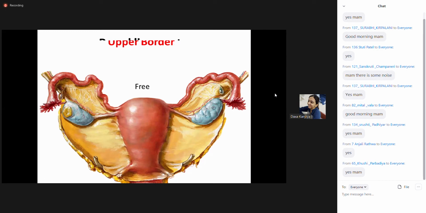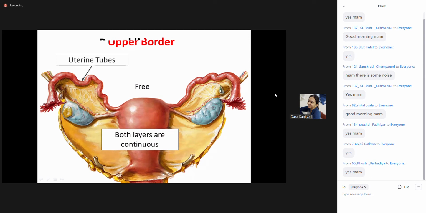Upper border is the free border. Here both layers, anterior as well as posterior, become continuous with each other. It gives attachment to the uterine tube in its medial 3/4 part, and the suspensory ligament of the ovary in its lateral 1/4 part of the upper border of the broad ligament.